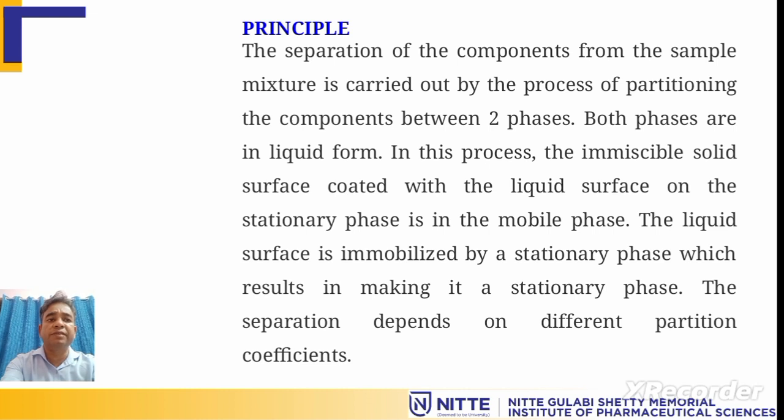In this process, the immiscible liquid coated on the solid surface is the stationary phase, and the other is the mobile phase. The liquid is immobilized, which results in making it a stationary phase. The separation depends on different partition coefficients.